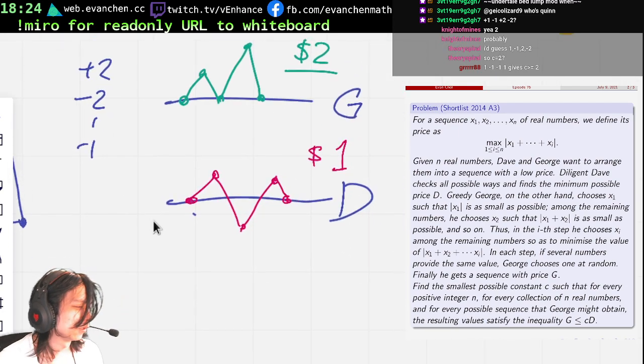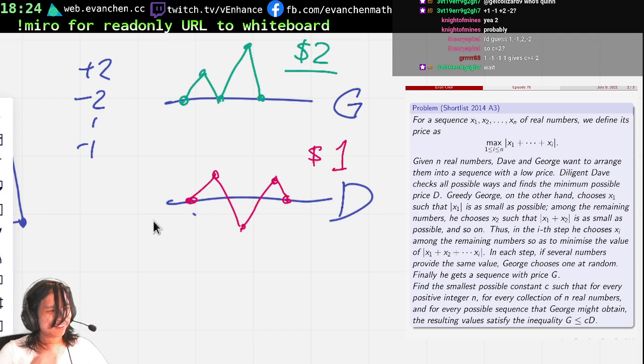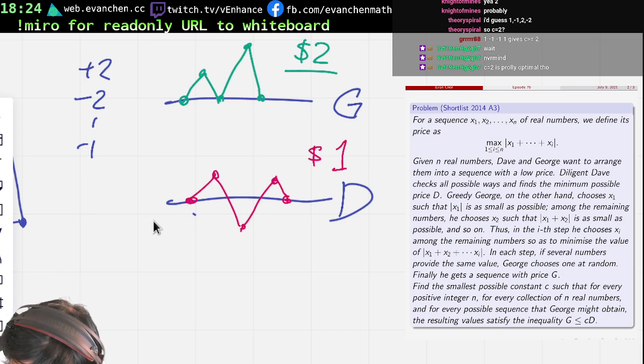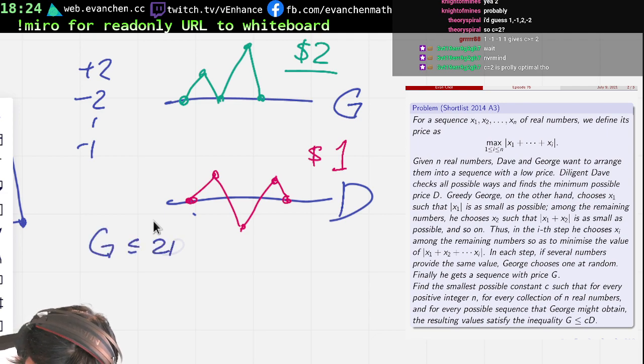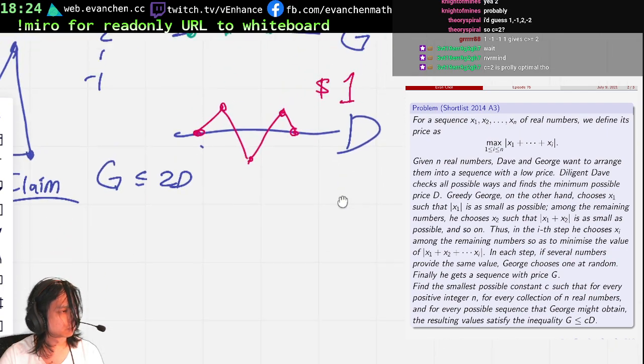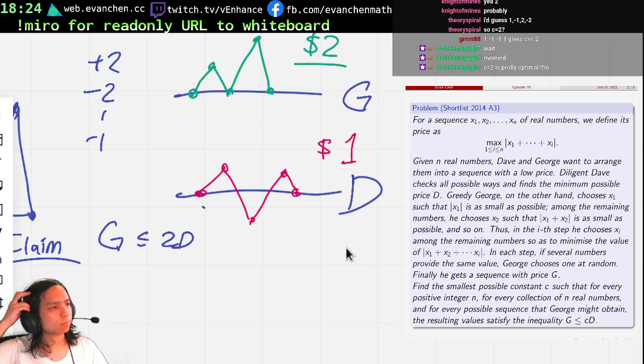Do we think that's optimal? I suspect that might just be optimal. I feel like I would be really impressed if c was larger than 2. So let's just claim G is at most 2D.